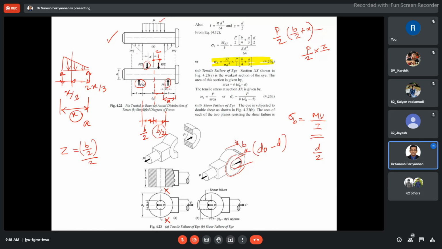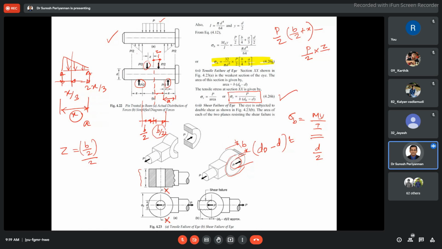So D naught minus D into T. Then what is the tensile force acting here? Sigma T is equal to P by B into D naught minus D.